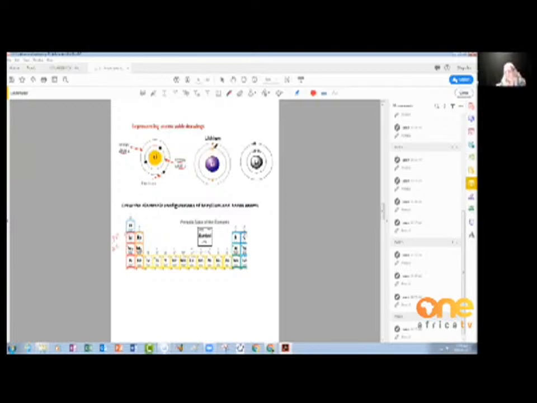We can also represent the electrons with an X instead of drawing little circles. It doesn't matter as long as you show which energy level the electrons are placed in. So these are 3 ways to represent a lithium atom from different sources.